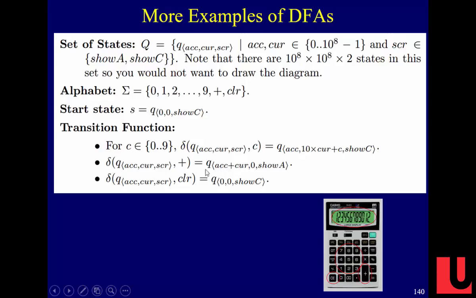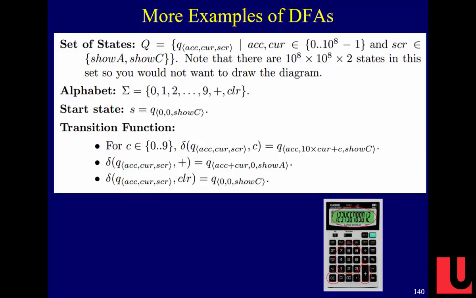I hit the plus, and what happens? The value on the screen gets added to the accumulator. People see that? You clear everybody. We just made a simple adder. Does that make sense?